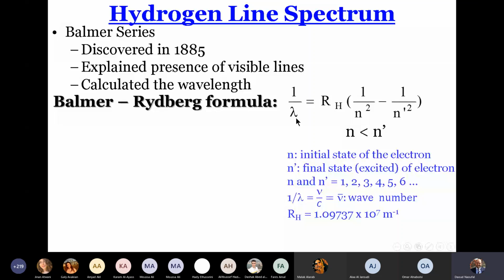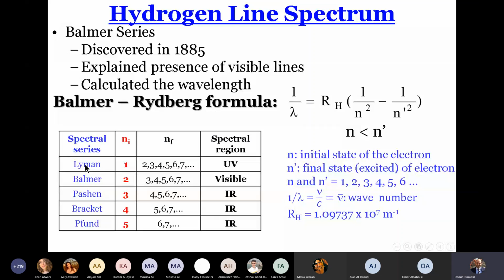So Lyman: we have in hydrogen one electron. The question is, what is the energy level of this electron? Is this electron at level 1 or level 2 or level 3, 5, 4?